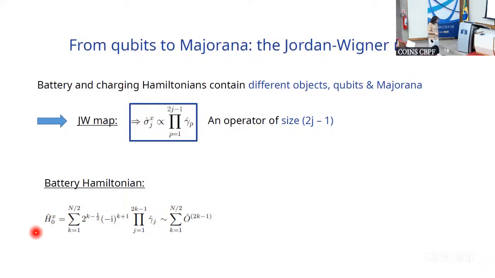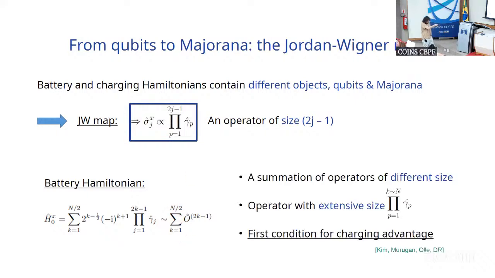And so overall, your battery Hamiltonian turns out to be an extensive summation of operators with all the possible odd sizes from 1 to n minus 1. So here I just repeat, I have a summation of operators of different sizes.